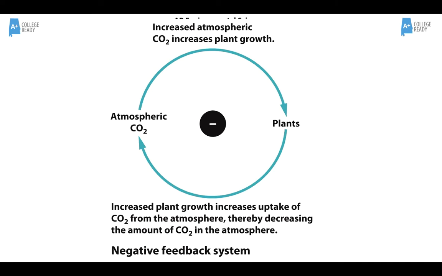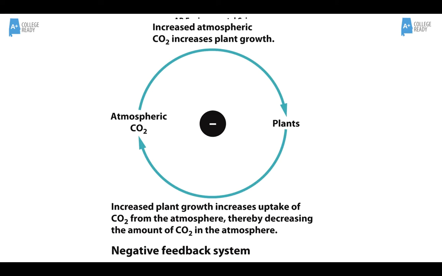The negative feedback would be if you increase the atmospheric CO2, that could increase plant growth, and plants will absorb CO2 for photosynthesis. So increased plant growth increases uptake of CO2 from the atmosphere, thereby decreasing the amount of CO2 in the atmosphere. That would be a negative feedback system.